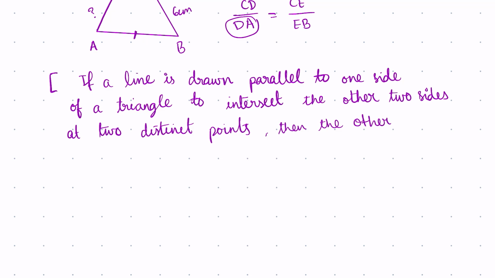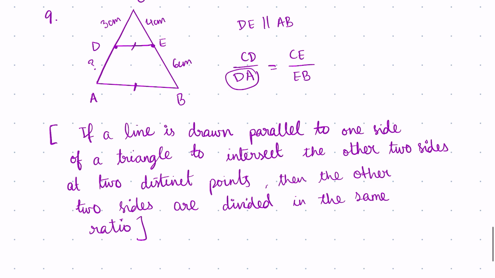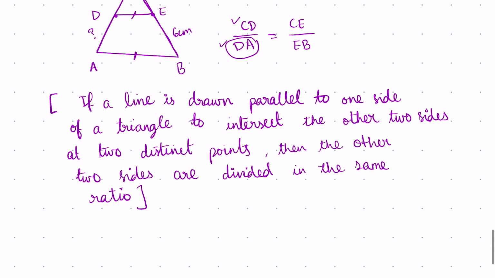Then the result says the other two sides are divided in the same ratio. So that's what's happening here: CD divided by DA is equal to CE divided by EB. Now we just have to simplify this. Let's substitute the values.